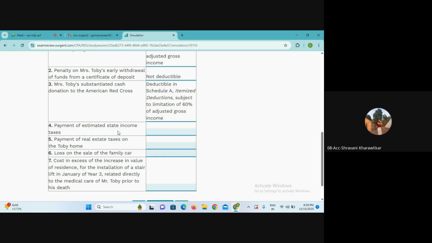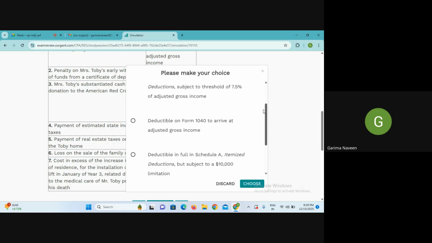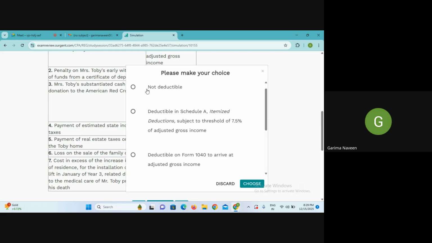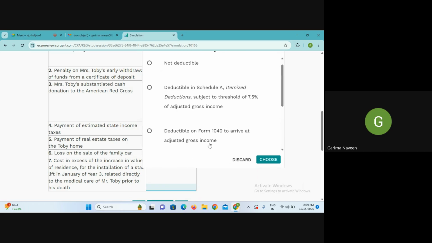Ma'am, options? Yes. If you have state income taxes, first decide between deductible and non-deductible, then decide whether it will be an adjustment or itemized deduction.